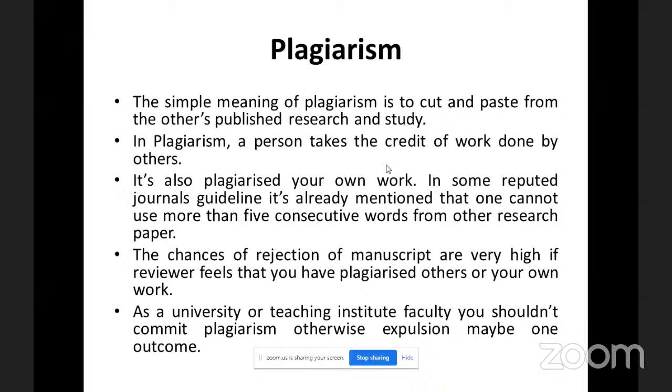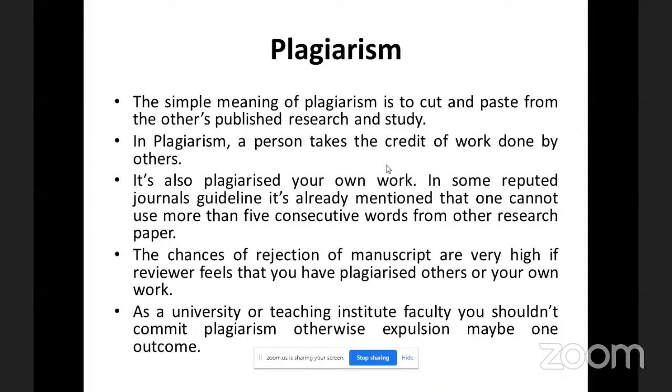That is also correct. But plagiarism is not limited only to that. Plagiarism is also utilizing somebody's method as it is without properly citing them in your references. Clear? That is also plagiarism.